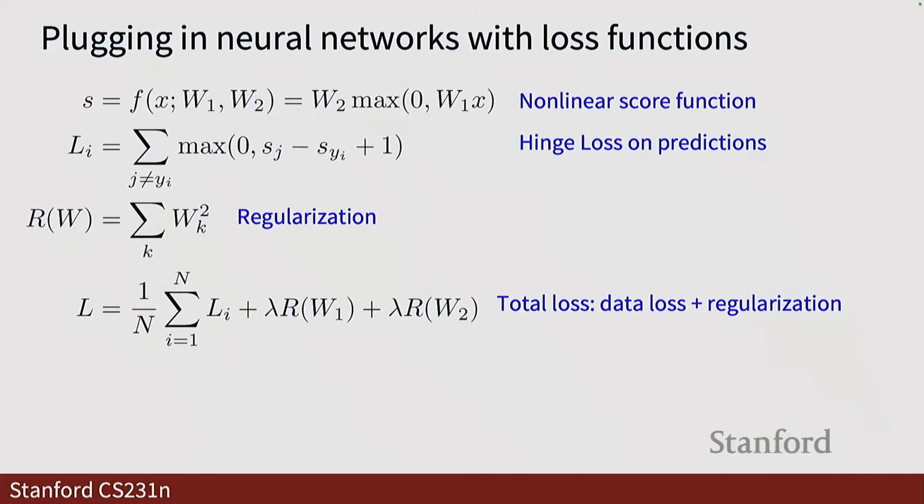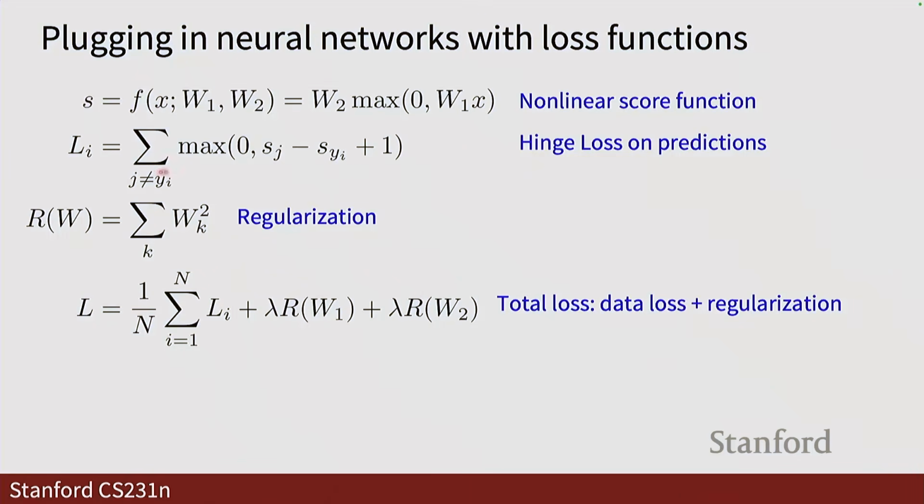So plugging everything in, we did have a scoring function. This scoring function turns the inputs through some W's, some weight vectors or weight matrices, into scores. And what we often use as the loss function for the network is using those scores either through hinge loss or softmax or other variations.